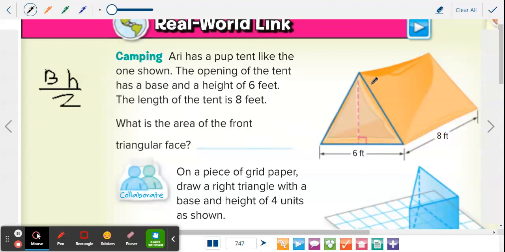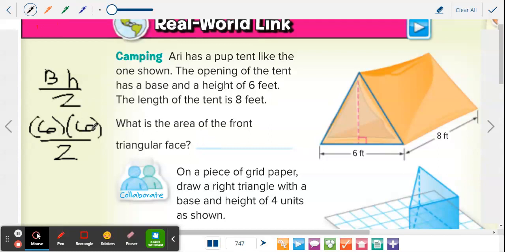So if we're finding the area of this triangle, what would be the base of the triangle? 6. What is the height of the triangle? Remember, the height of the triangle is talking about this. 6. So we do 6 times 6 divided by 2.